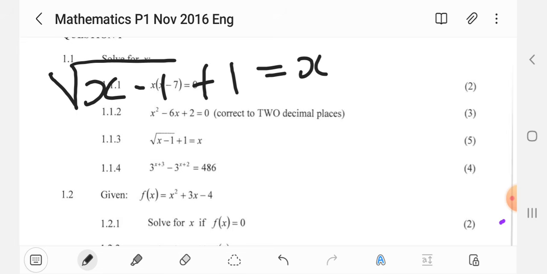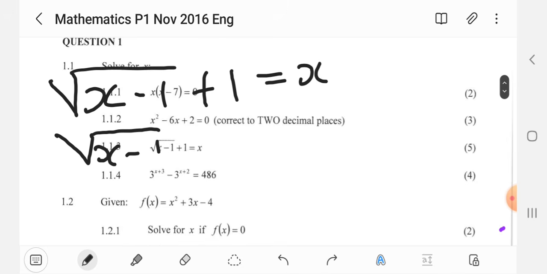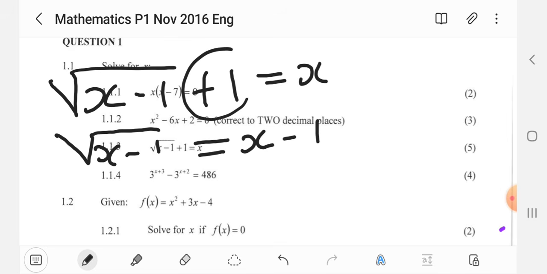What you do, you take this one to the other side, okay? So that will be the square root of x minus 1 equals x minus 1. This one was positive, and when it comes to this side, it becomes negative.